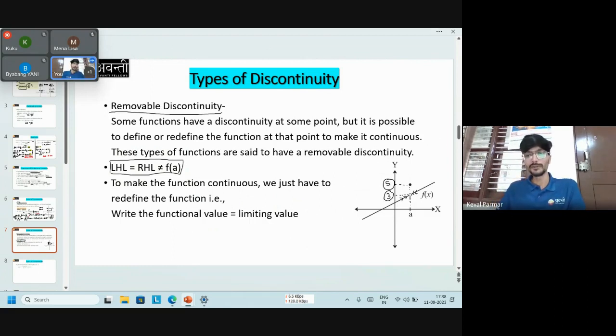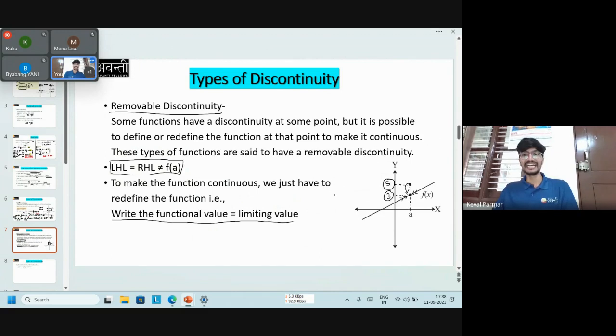Now, what to do? It's very simple. Just bring this solid circle over here, so this will become solid, and the function will become continuous. Now, how do we bring the solid circle over the hollow circle? We basically redefine the function, that is, write the functional value equal to the limiting value.